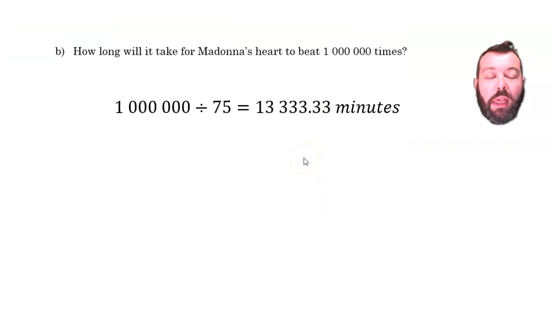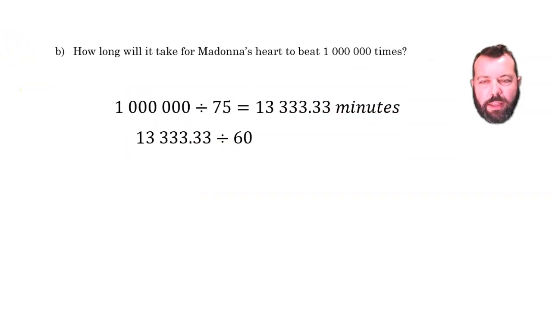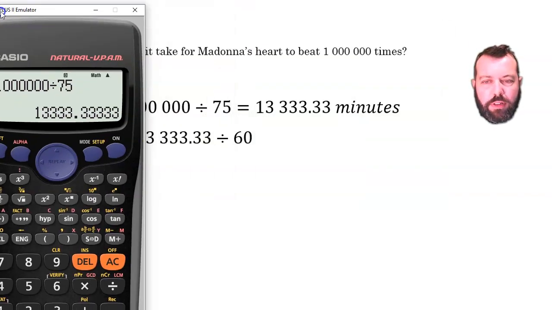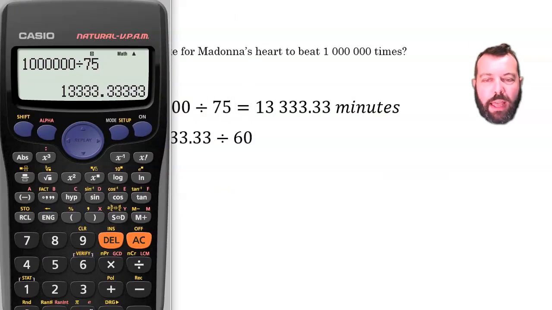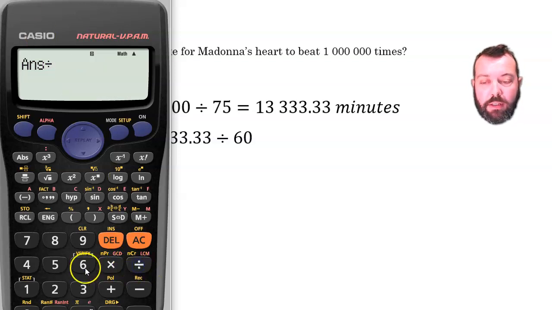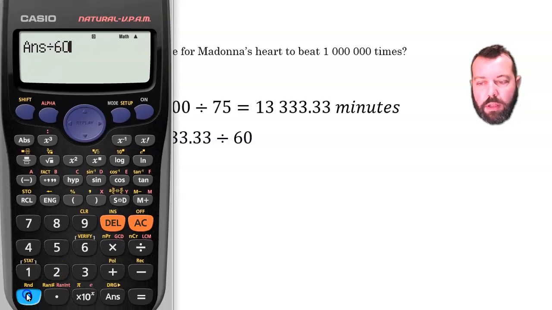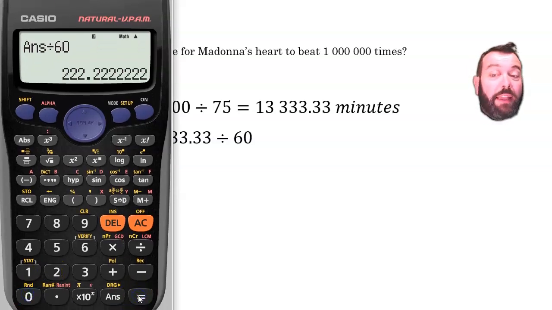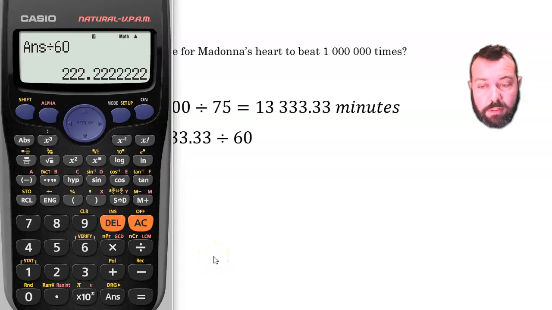Now, that's not very helpful to me. How long is 13,000 minutes? Well, how about we take that figure and divide it by 60. Divide that by 60, and that gives me 222 hours. It makes a little bit more sense, right?